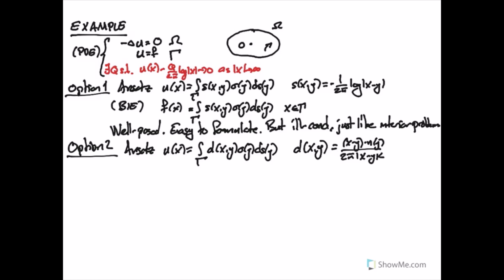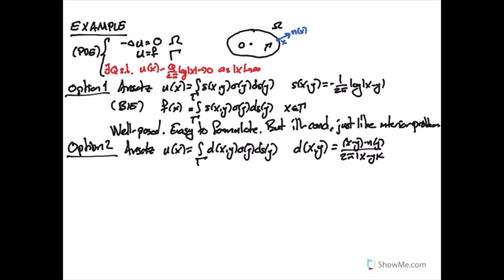And now I'm not going to make any promises on signs, but usually I like to define the normal like that, pointing into the domain in this case still. In principle, this works very well.